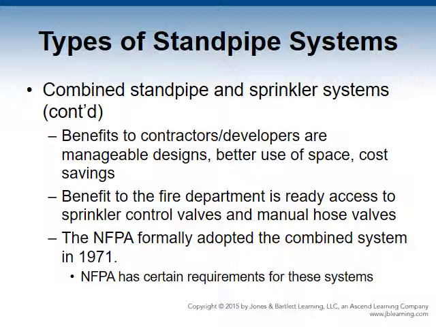Risers, hose valves, and sprinkler system control valves were located in a fire-resistant stair enclosure. The only change to the requirements is that if hydraulic calculations prove that the pressure and flow meet the requirements, then the supply piping is allowed to be 4 inches.